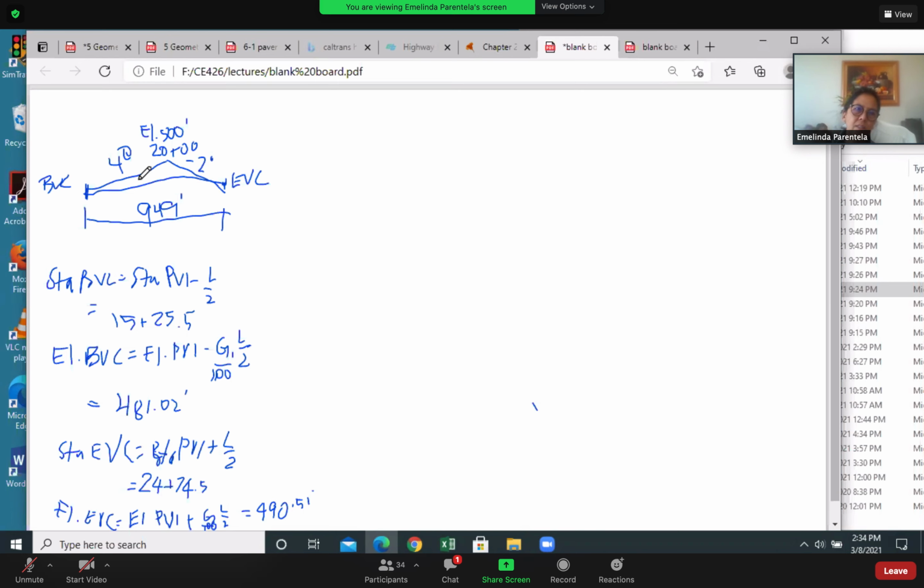You subtract because the elevation is supposed to be lower than the PVI. Same thing with the EVC. So here we add, because minus G2 with G2 negative will give you a positive, plus minus will give you a negative. So it's going to be lower again.